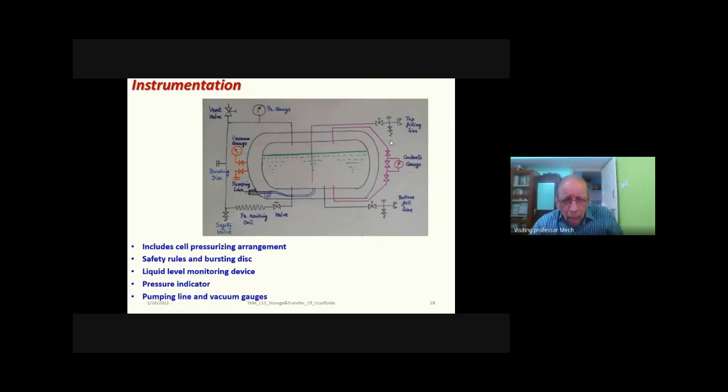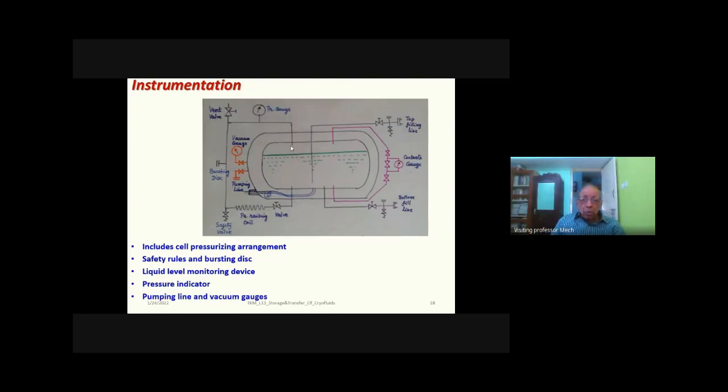Now, normally, you also have something called a pressure raising valve, which enables you to self-pressurize the cryogenic tank. That means you take a small part of the liquid from the inner tank and allow it to come in contact with room temperature, so it vaporizes, and that warmed-up vapor returns back into the vapor space over the liquid of the inner container, and thereby increases the pressure.